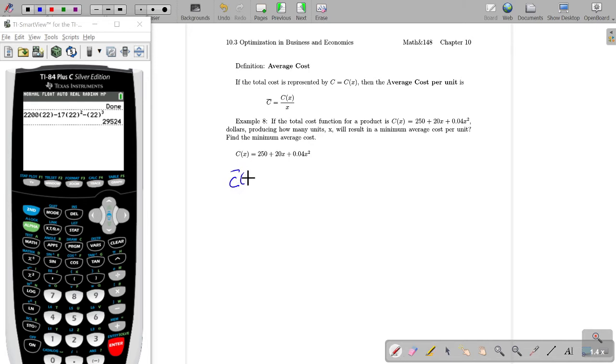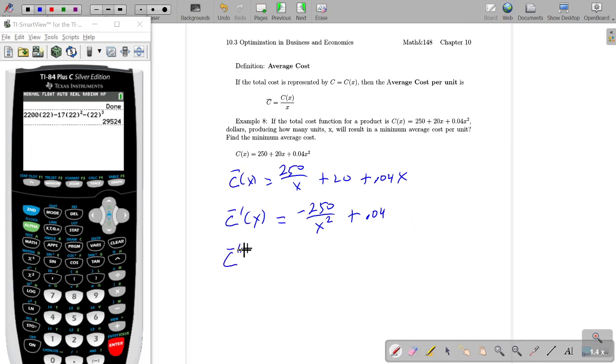So C bar of x equals 250 over x plus 20 plus 0.04x. C bar prime of x is going to become negative 250 over x squared, plus 0.04.